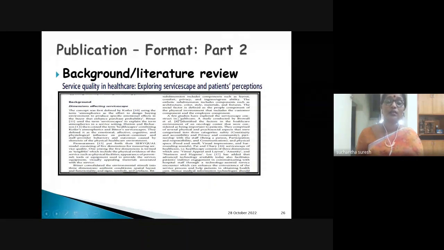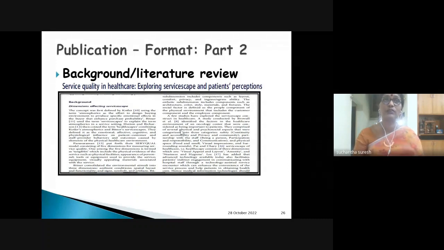In the background, suppose you have 2 objectives. Background study we give for 1 objective. Suppose you are talking about the dimensions of service care. We collected the articles about the dimensions of service care, and then we gave the background on the dimensions, and said that the first objective was selected because of the result of this background.